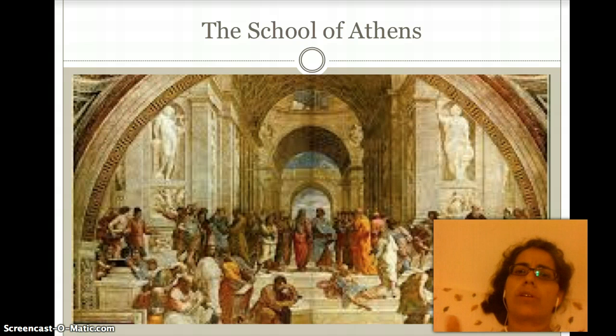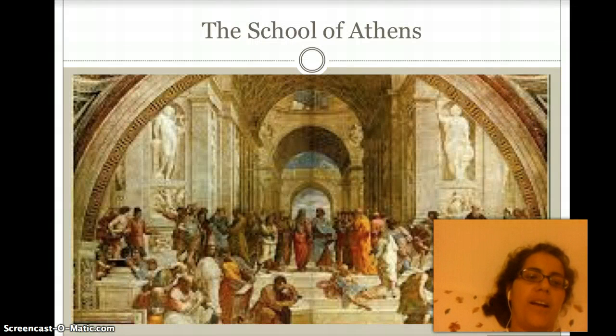So that's what the School of Athens represents in that central piece. Raphael represented other great thinkers of antiquity in this painting.